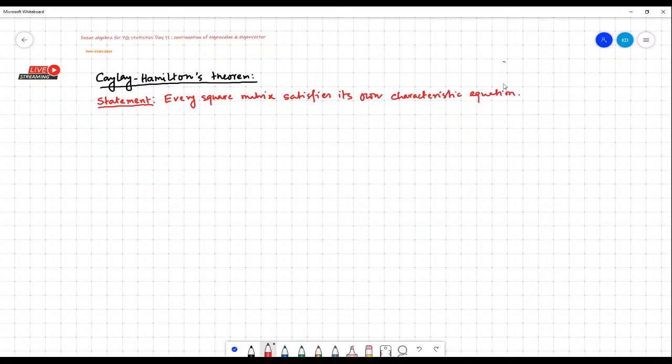So the Cayley-Hamilton theorem states that every square matrix satisfies its own characteristic equation. That means this is a characteristic equation. I is the identity matrix. We already know this is a monic polynomial, that means the coefficient of the highest degree is 1.